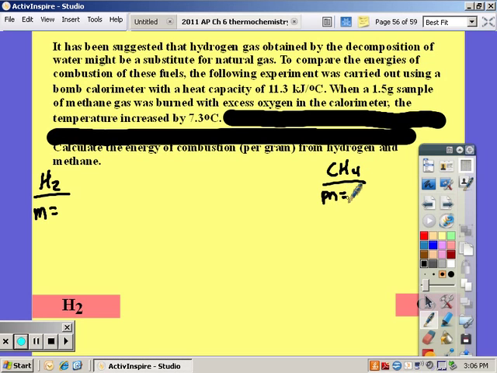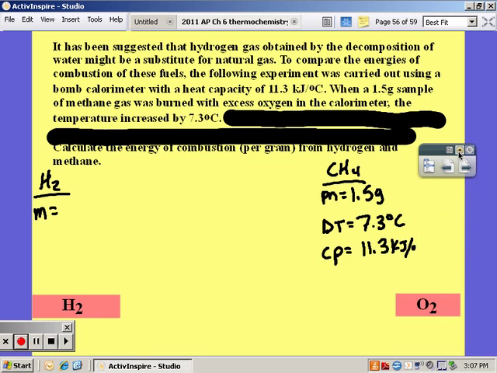Our mass, if we look, is 1.5 grams. And it says the temperature increased by 7.3 degrees Celsius, and that we're in a bomb calorimeter. They gave us the heat capacity of the bomb calorimeter to be 11.3 kilojoules per degree Celsius.